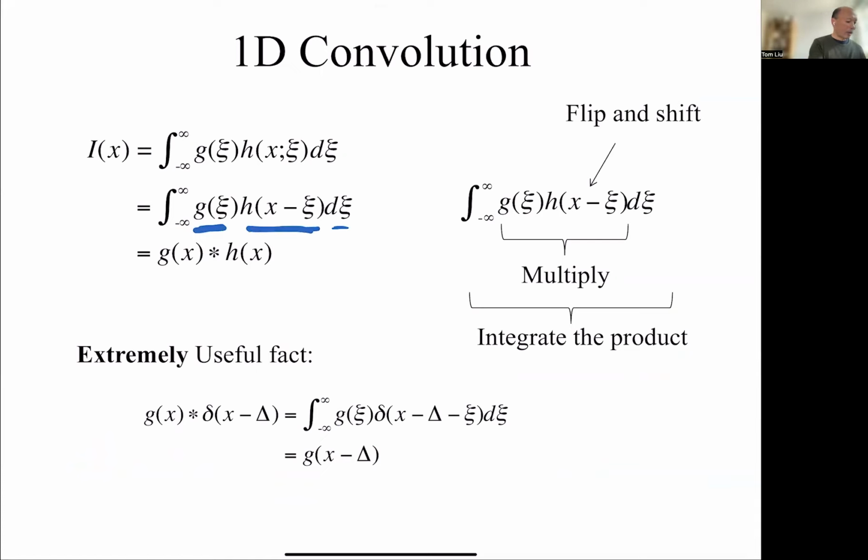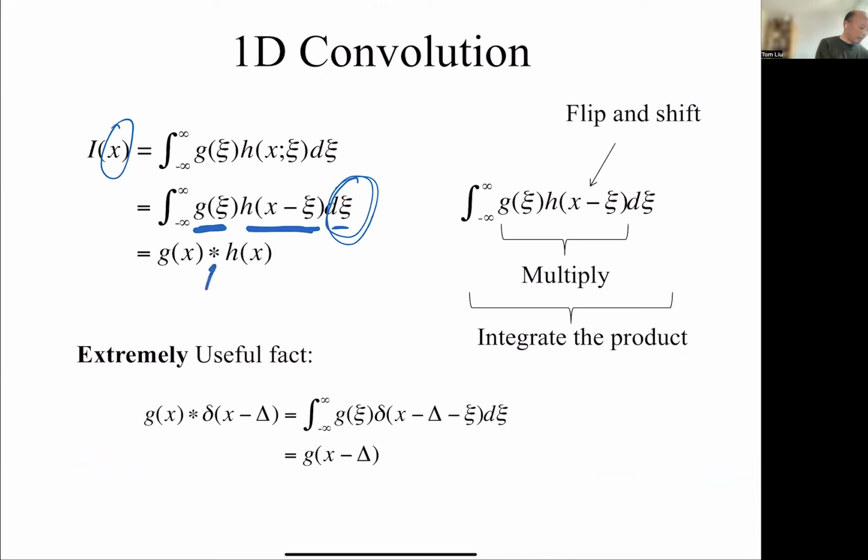We're integrating over some input coordinate xi, and we're measuring at x. So the xi's represent the different shifts of my impulses, and x is what I'm measuring. For any given location x in my image, that's going to be made up of the contributions from a lot of different impulse responses that project onto that location x.